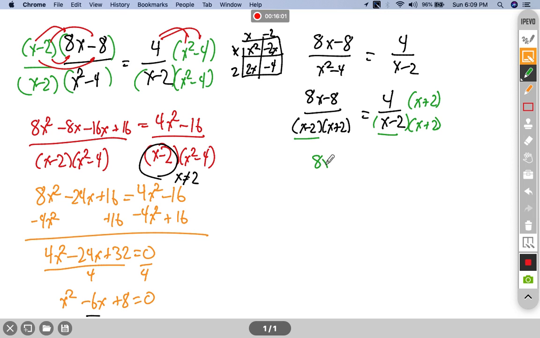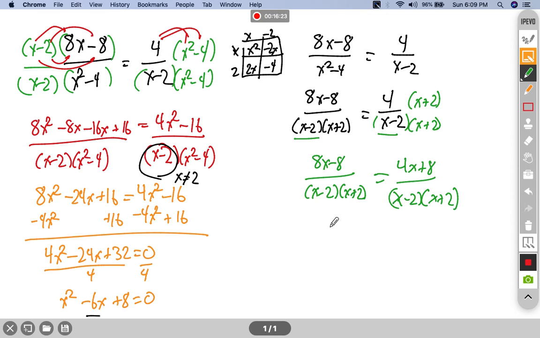And I get 8x minus 8 over (x minus 2)(x plus 2) equals 4x plus 8 over (x minus 2)(x plus 2). So now denominators are equal. We say 8x minus 8 equals 4x plus 8.